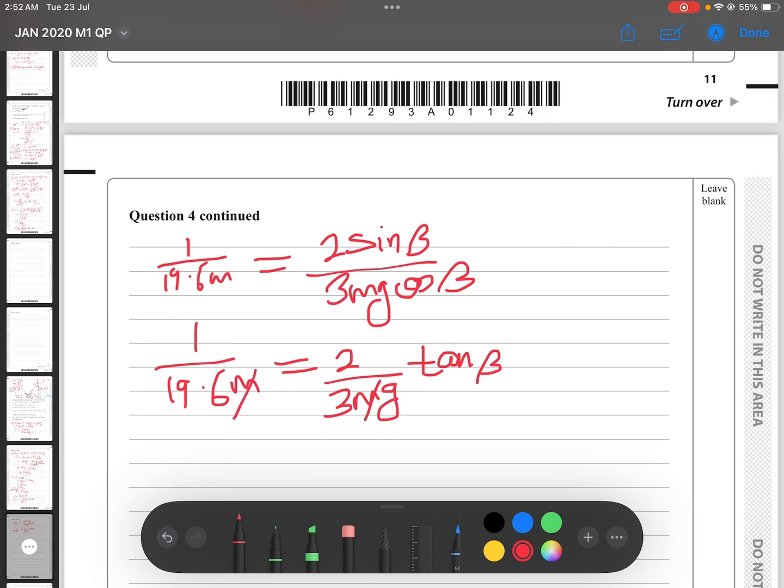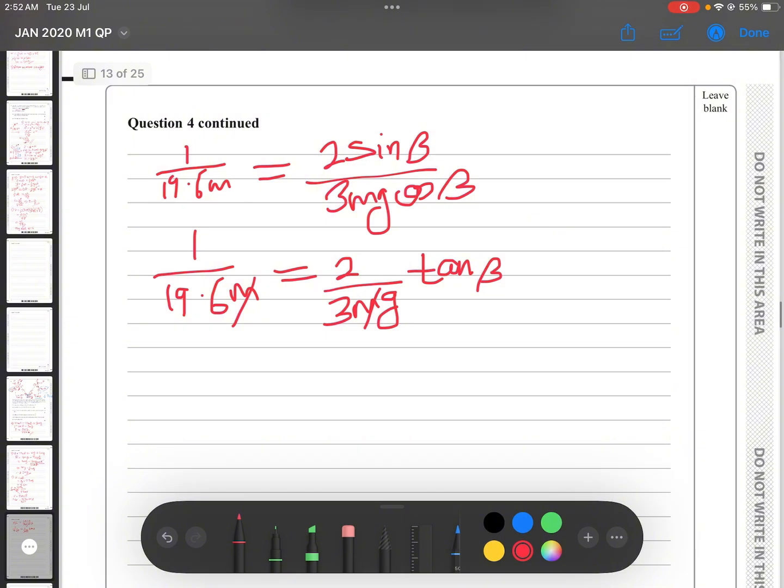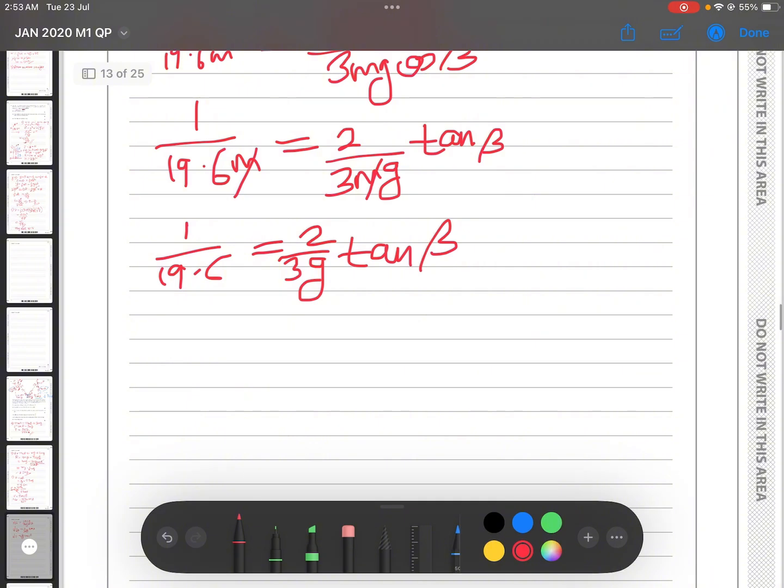M and m can be cancelled out, and then 1 over 19.6 equals 2 by 3g tan beta. Then tan beta is going to be 3 upon 4. That is the answer for part C.